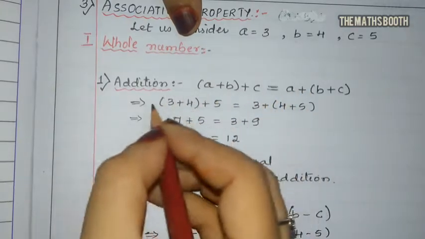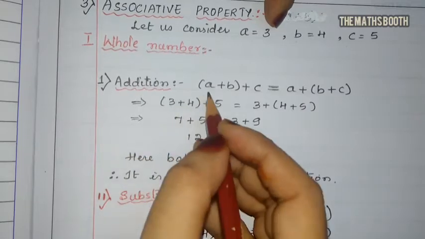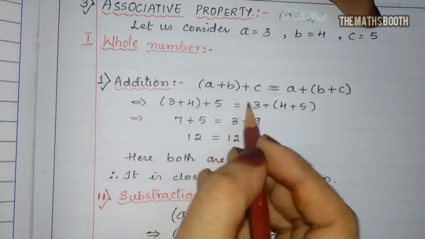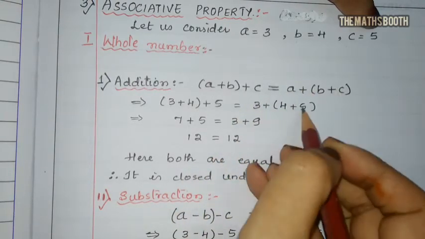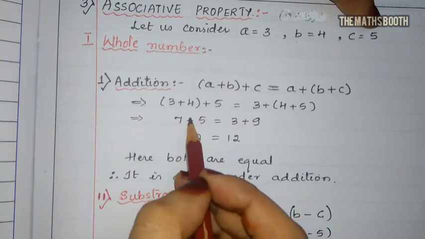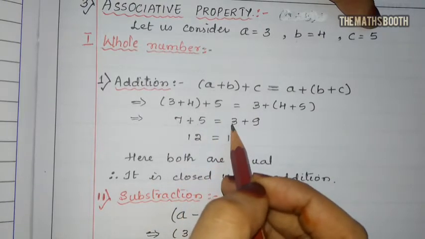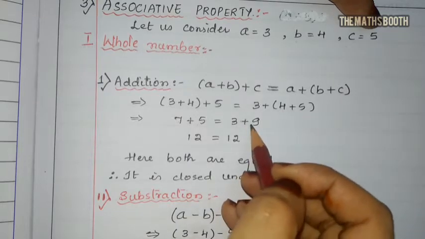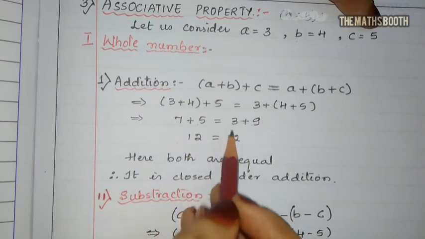and it is closed. Okay. So now let us see: (3 + 4) + 5 is equal to 3 + (4 + 5). 3 plus 4 is 7, plus 5 as it is. On the right, I write 3 as it is because we have to solve the bracket first, plus, 4 plus 5 is 9. 7 plus 5 is 12 and 9 plus 3 is 12.